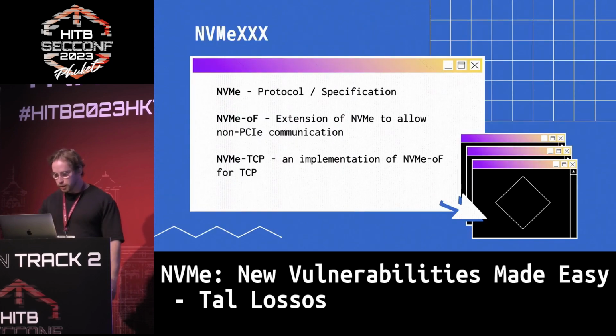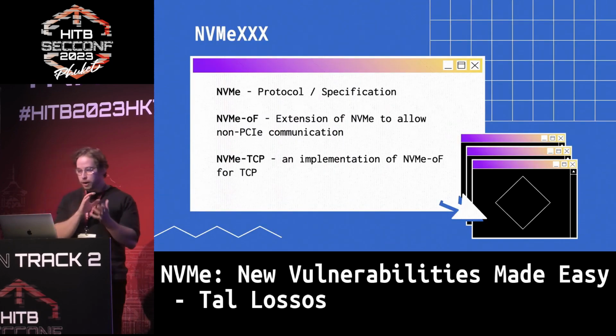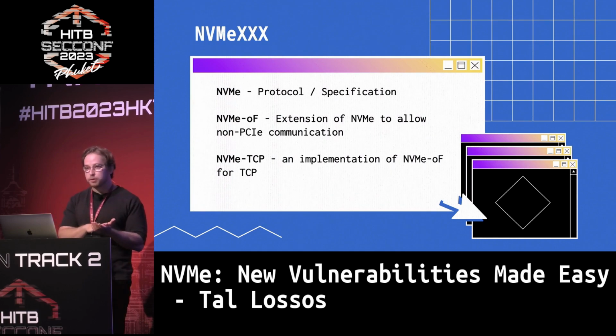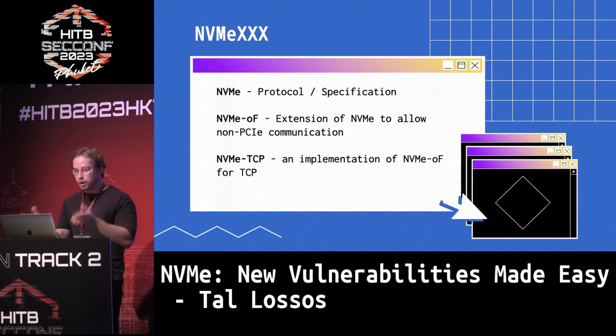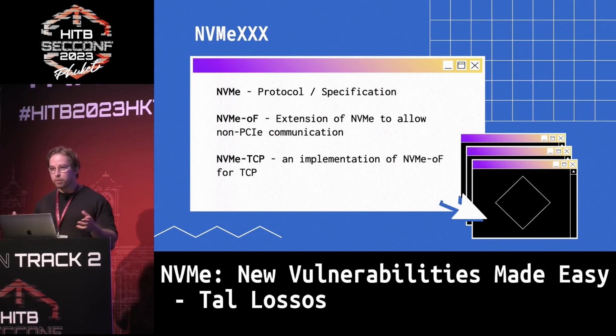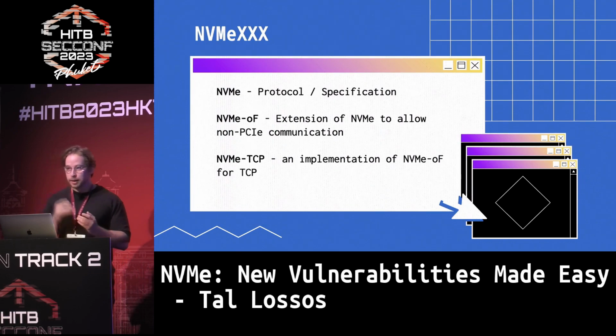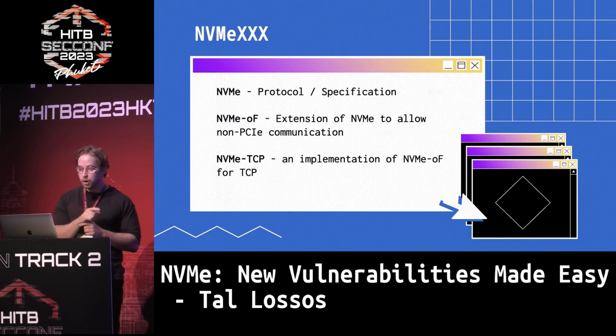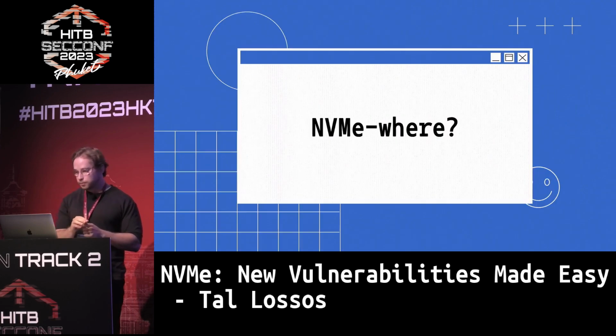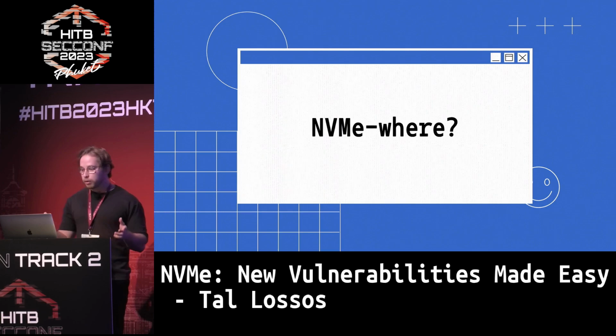Summing it up, NVMe is the protocol specification to communicate with your NVMe devices, NVMe-oF is the extension of NVMe to communicate over non-PCIe connections, and NVMe/TCP is an implementation of NVMe-oF for TCP specifically. But where can we even find it?